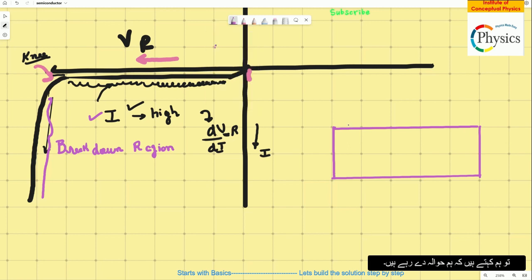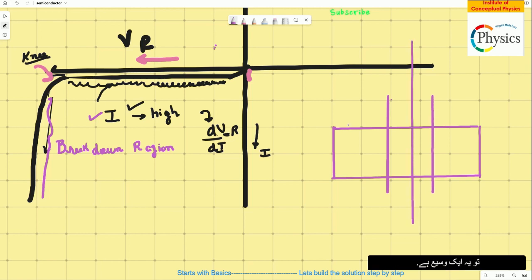So let's say we are referring to the situation where you have a reverse bias. So a large depletion layer, and then the junction. So it's a wide one.